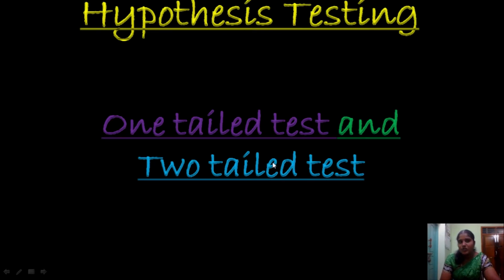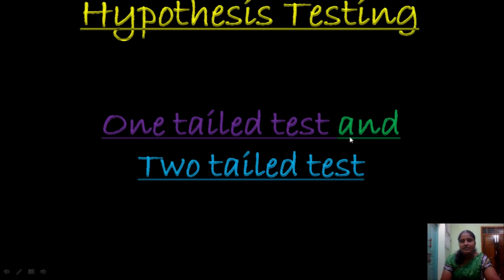In this video, I am going to explain one-tailed test and two-tailed test in hypothesis testing. Based on the given problem itself, we have to decide whether the given problem follows one-tailed test or two-tailed test. Also, this test alone decides what is the acceptance region and what is the rejection region.